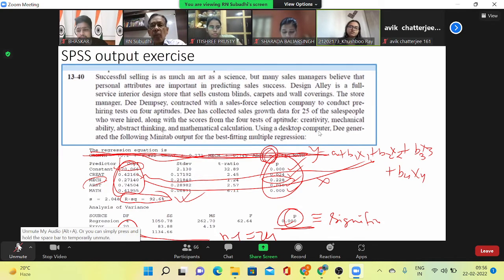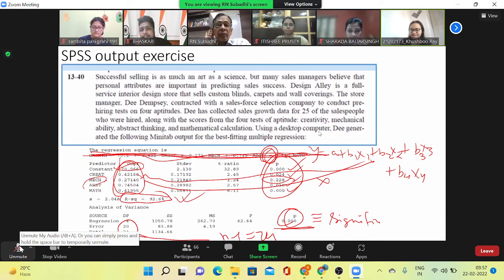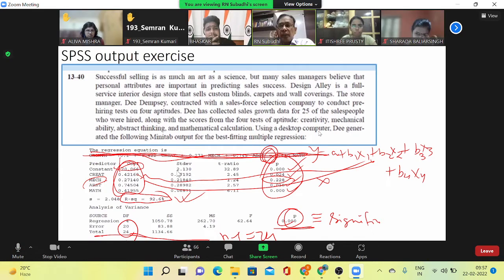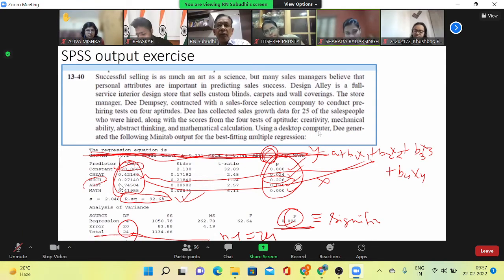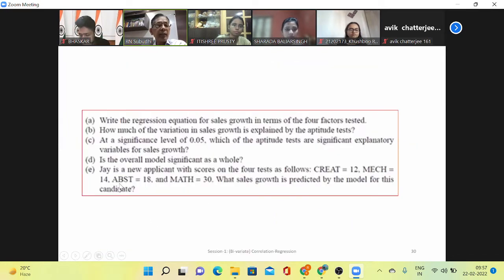What is expected? Tell me simply. Sir, we will find the sales growth. Sir, we have to find the regression equation. Simply find the regression equation, that's all. If you don't understand the first bit of the question, how will you answer? Sarada, how do you answer? We will write y equals the equation given, a plus b1 x1 and all the values.